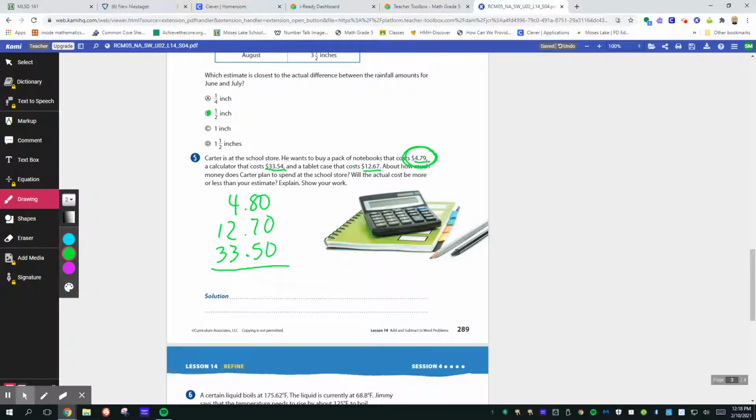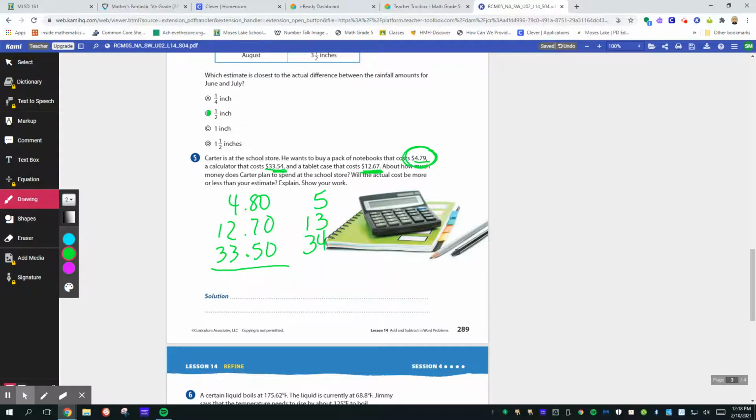So $4.79 to the nearest dollar is $5. $12.67 to the nearest dollar is $13, and $33.54 to the nearest dollar would be $34, but that's a big jump there. But you could do it.